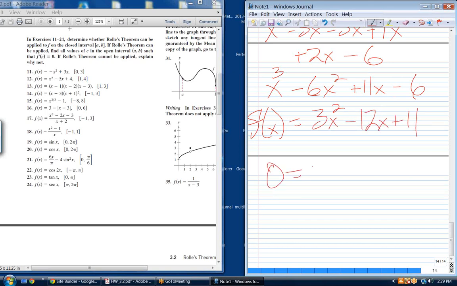Setting that equal to 0. It might be worth seeing if it factors one time, because there are only 2 factors of each of these coefficients before we resort to the quadratic.